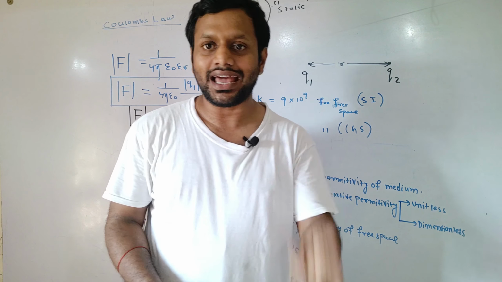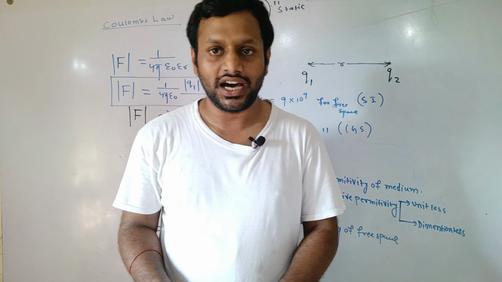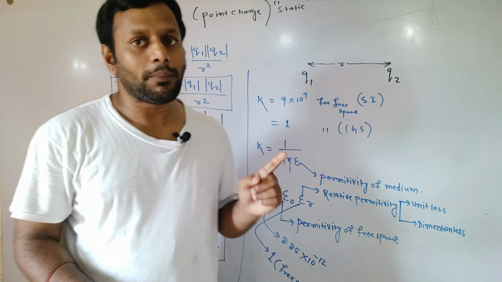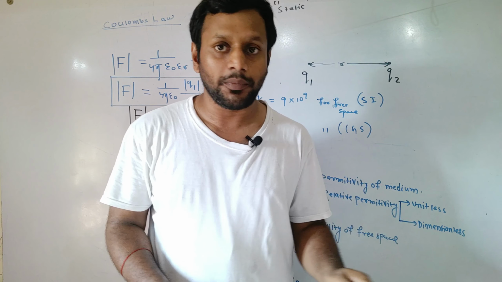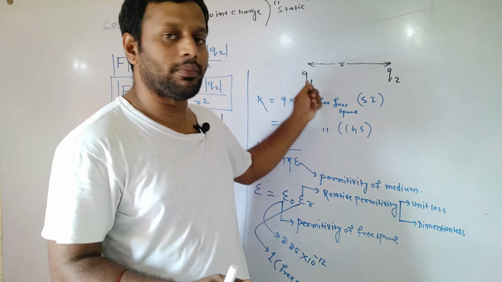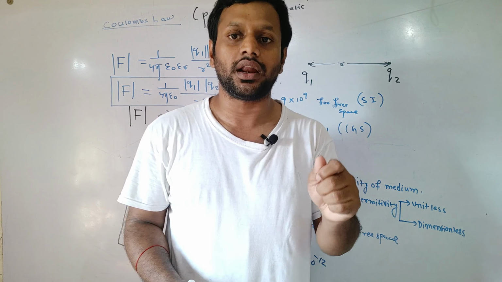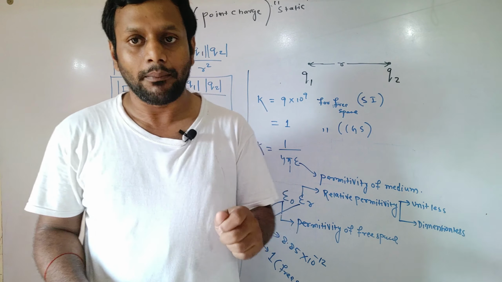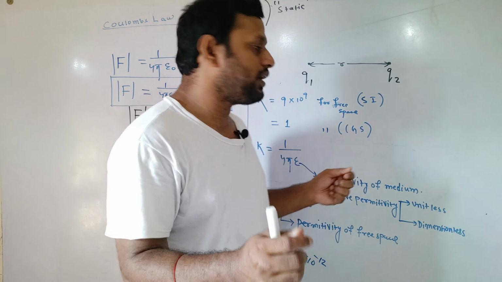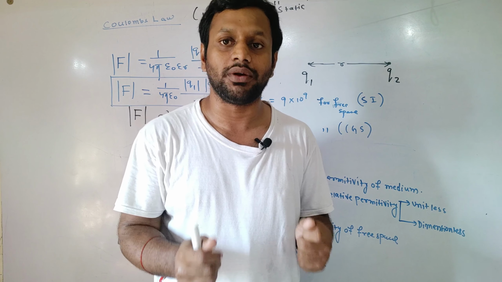So the force of attraction and the force of repulsion between two static point charges is directly proportional to the magnitude of the product of the charges, and inversely proportional to the square of the distance between them, acting along the line joining the two charges. That point I will explain in the vector form of Coulomb's law.